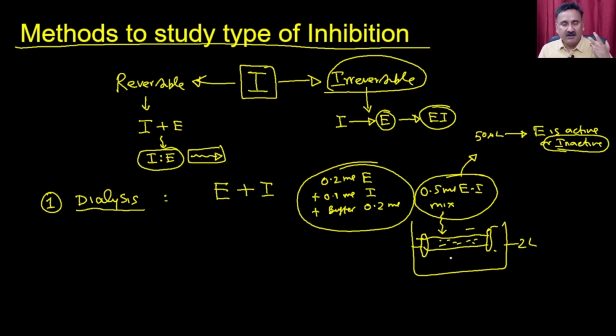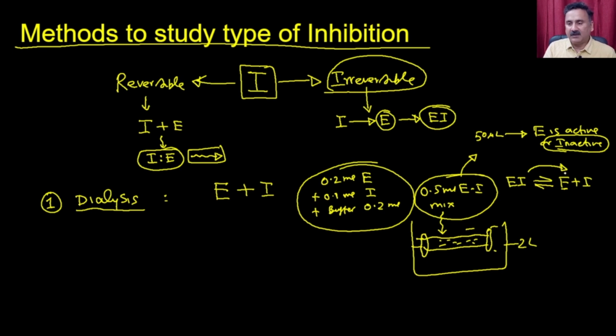If it is a reversible inhibition, because you have increased the volume, and you know that the enzyme inhibitor complex is in equilibrium with enzyme and inhibitor, the equilibrium will shift in this direction.